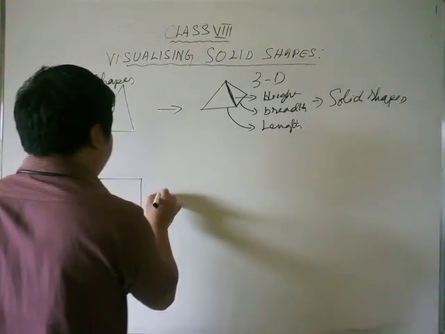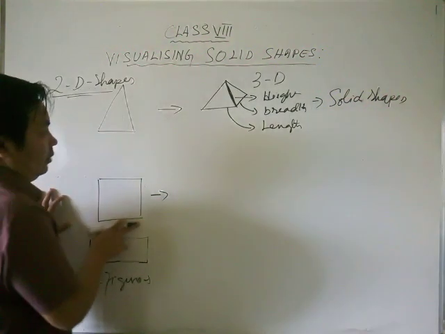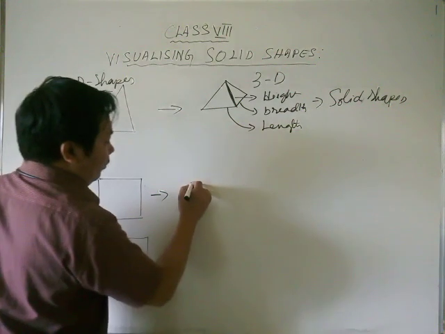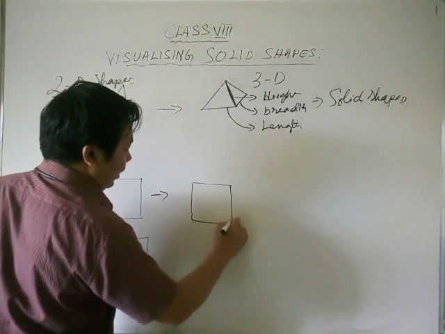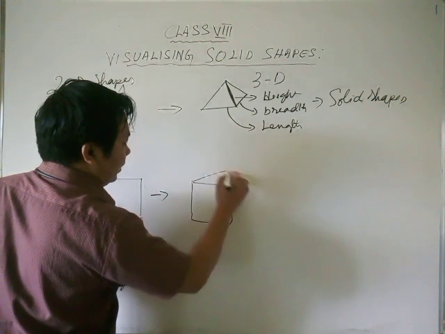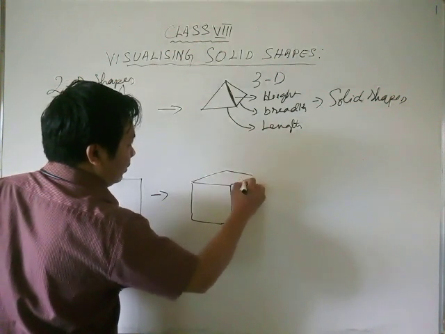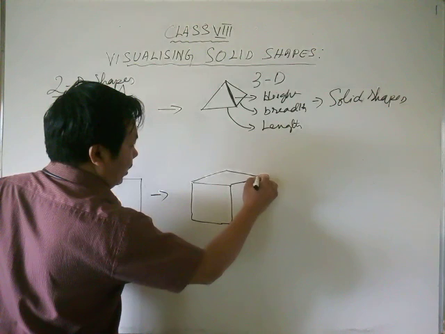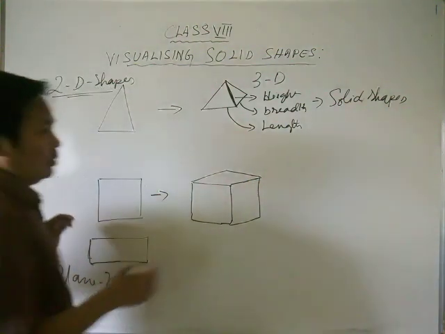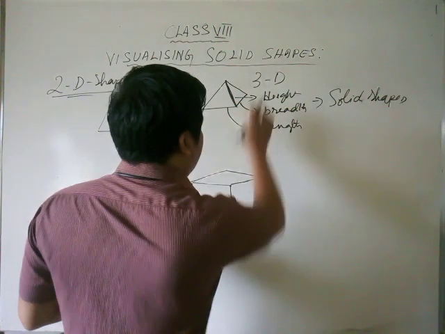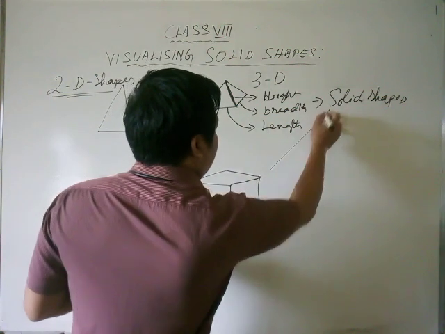If this square has three dimensions, then you will find it like this. This is a square. So this is also called a 3D shape, and it's also called a solid shape.